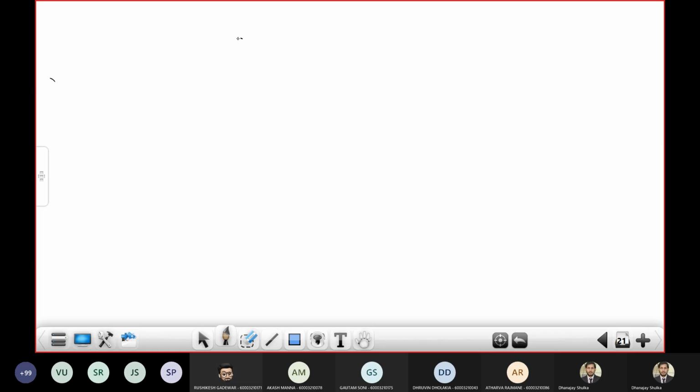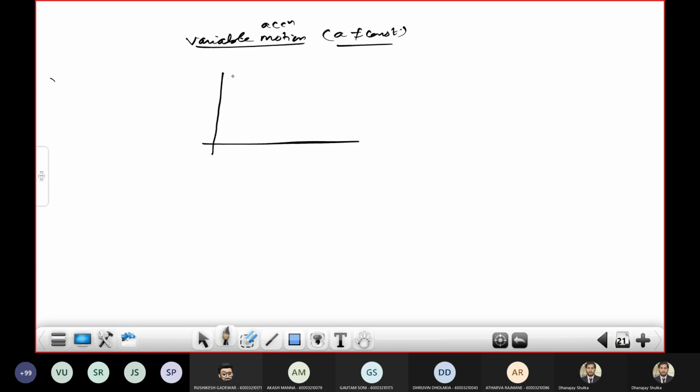So on the basis of that, if suppose now I take variable motion, okay, variable acceleration motion. So here I know this acceleration would not be constant. Okay. So acceleration not constant means what? ये मेरा A हो गया, ये मेरा T हो गया. So let's say my acceleration is varying like this, linearly varying. अभी मुझे बताओ VT का क्या होगा?